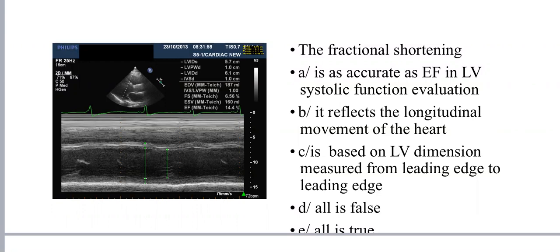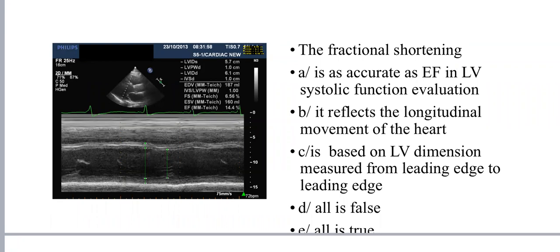So some segments are contracting, others are not. So if you take a single dimension, that's not going to be representative. That's why the fractional shortening might be okay in global hypokinesis, where everything is the same, but not good in regional wall motion abnormality, okay?